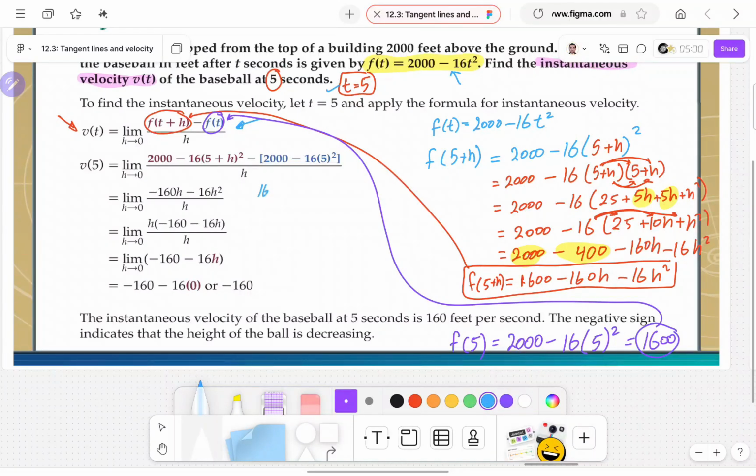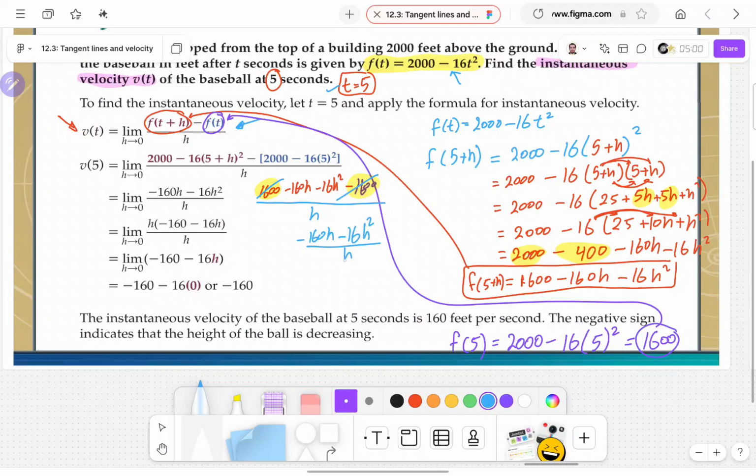It will be 1600. Let me write it in red color, it's better for you to understand. 1600 minus 160h minus 16h squared minus 1600, all of that over h. Now we need to cancel the like terms, so they cancel each other. It means negative 160h minus 16h squared over h.